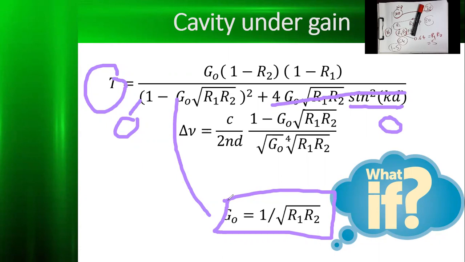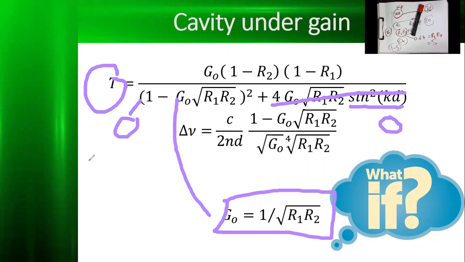That means that the maximum output is equal to the maximum input, the intensity output equals the intensity input, which is logical. But now, once you add what's called a gaining medium with a gain G node, and if G node satisfies the condition 1 over root R1 R2, your transmission may equal infinity. That means that you can insert a very small input, and you can get an infinite output.